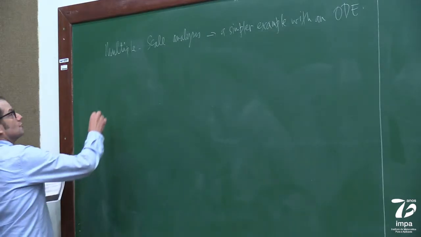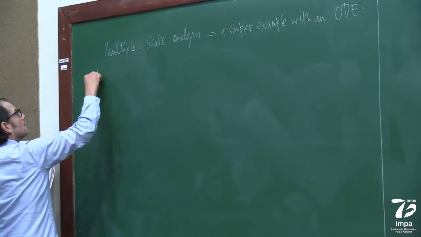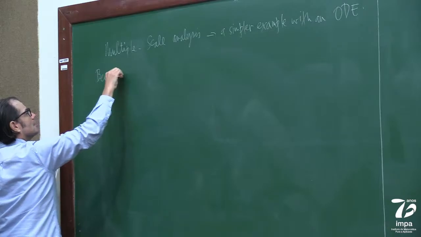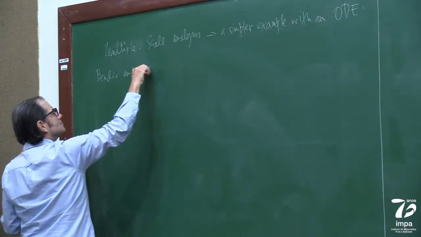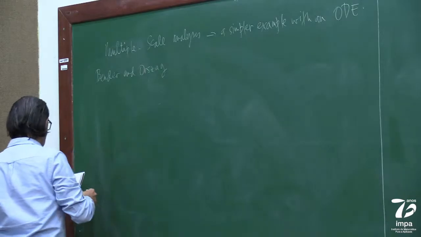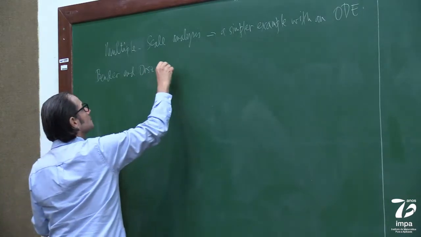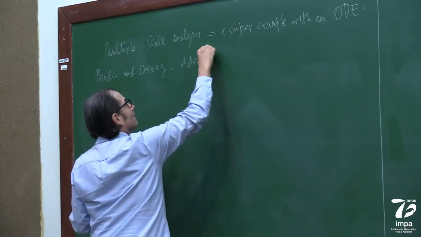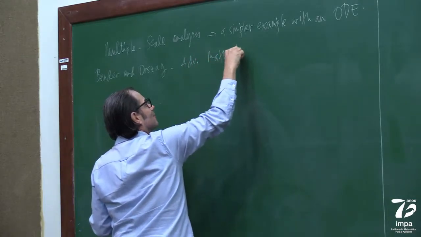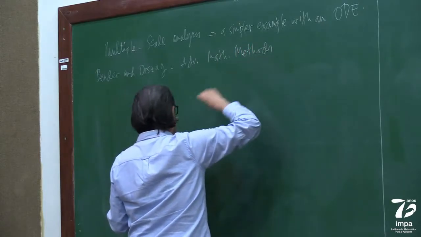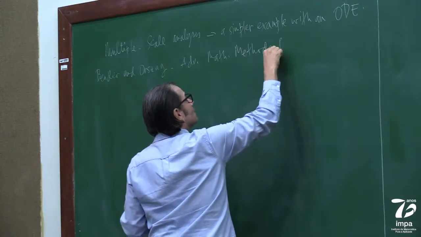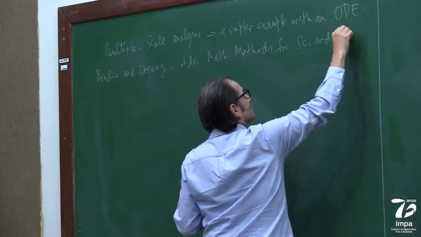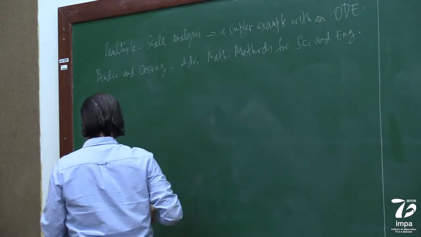So for those interested, this is actually a very good book for methods in applied math. I mentioned this last time, Bender and Orszag. The title is, let me abbreviate, Advanced Mathematical Methods for Scientists and Engineers.